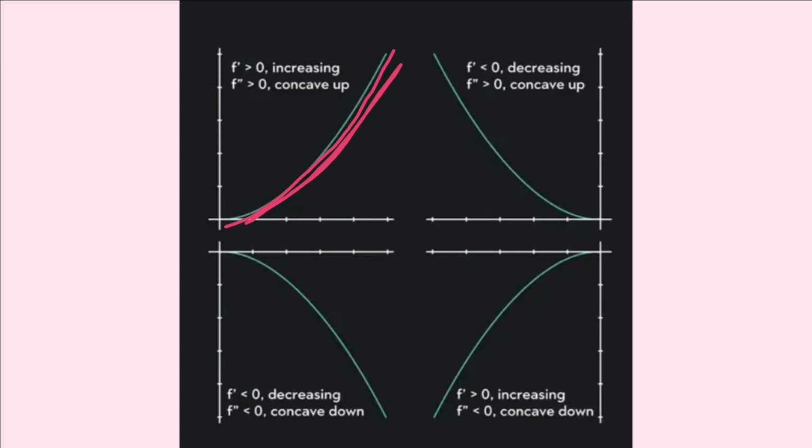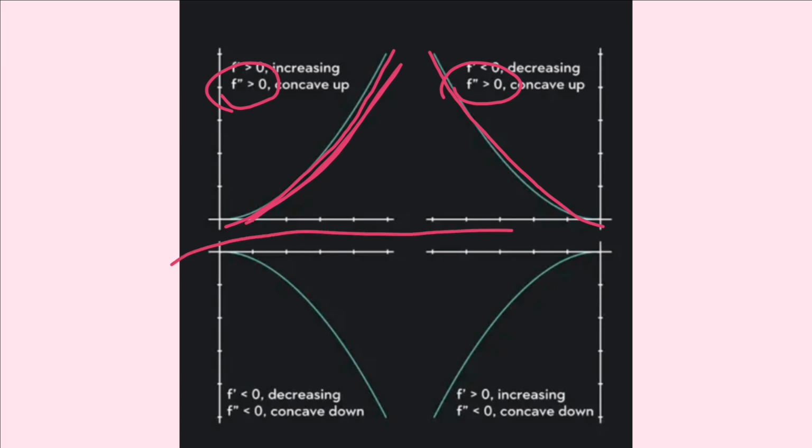This means that by using the concavity test, the second derivative will be greater than 0. On the second portion, the function is decreasing, but the function is concave up, so the second derivative will be greater than 0.